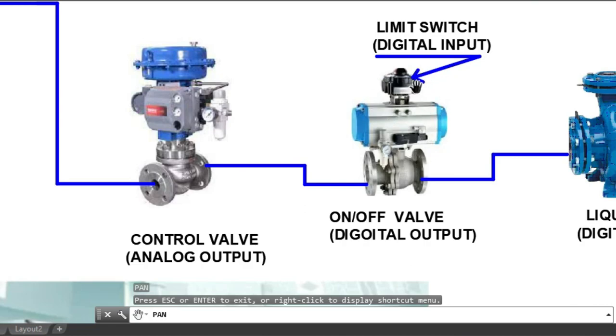Like if the valve is in closed position, then the limit switch will send a signal to the DCS that the valve is in on or off position. That is the function of the on and off valve. Once there is a malfunction in the system, the DCS will send a 24 volt signal to the solenoid valve of the on and off valve to shut off the liquid pump.